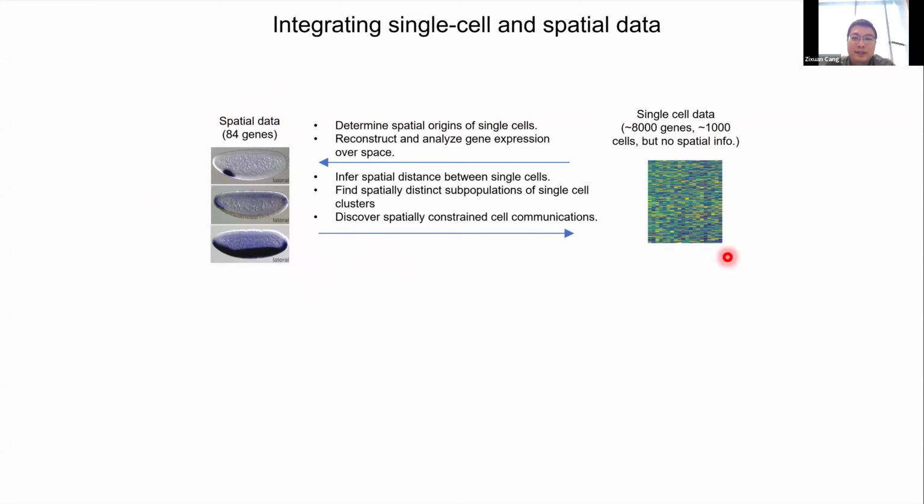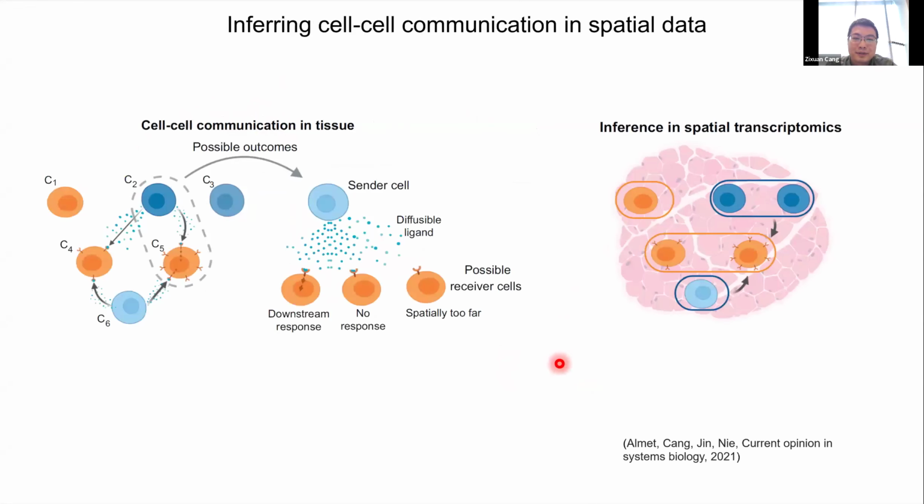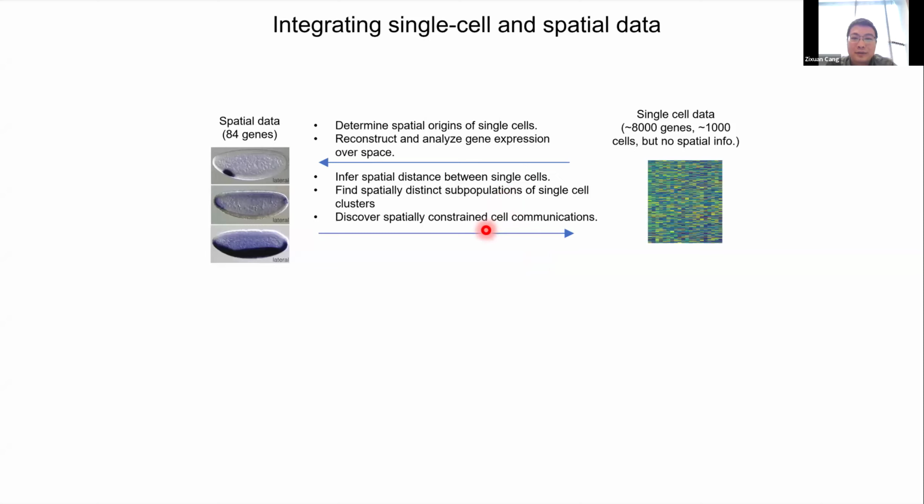Okay, we'll keep this task in mind, and I'll show you in a moment that the methods I'm going to talk about, particularly optimal transport, will be used for both tasks of cell-cell communication analysis as well as this integration of datasets for better quality.